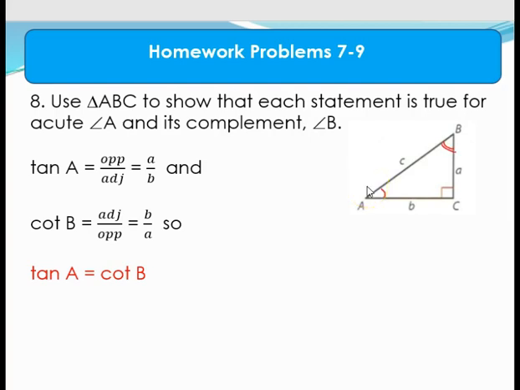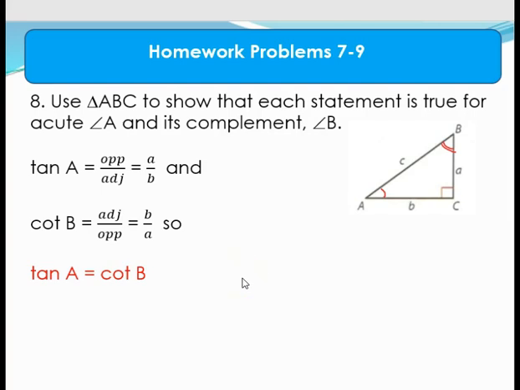So, tan angle A equals opposite over adjacent, which is a over b, and cotan angle B is adjacent over opposite, which is b over a. So, tan A equals cotan B, which is your answer.